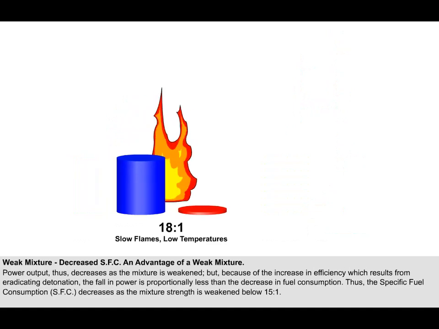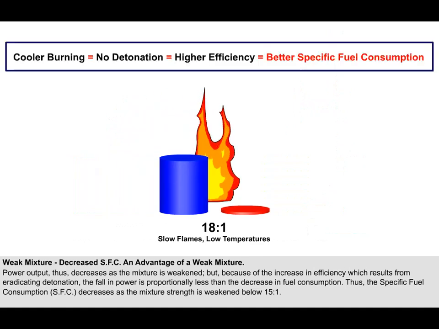Power output thus decreases as the mixture is weakened, but because of the increase in efficiency which results from cooler burning, and the associated decreased occurrence of detonation, the fall in power is proportionally less than the decrease in fuel consumption. Thus, the specific fuel consumption decreases as the mixture strength is weakened below 15:1.